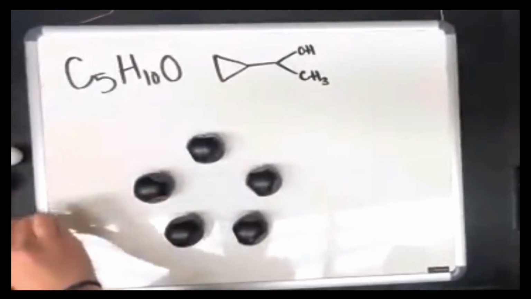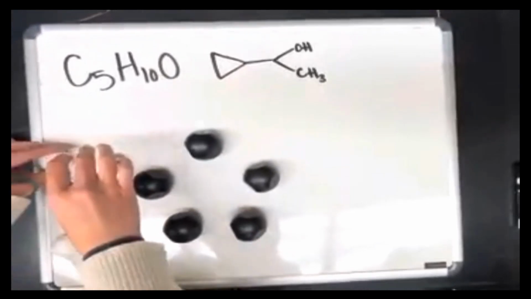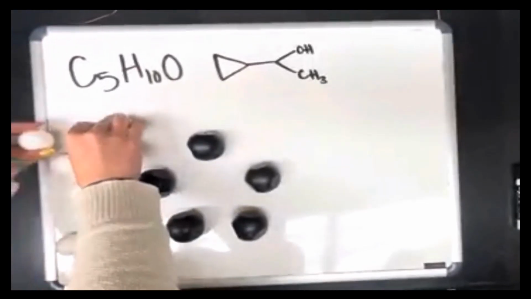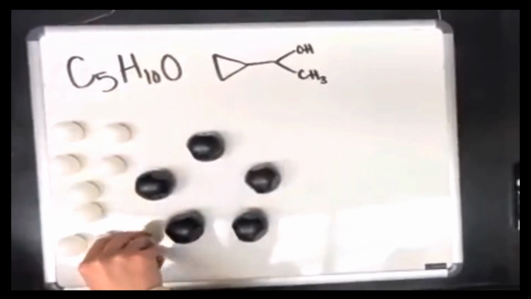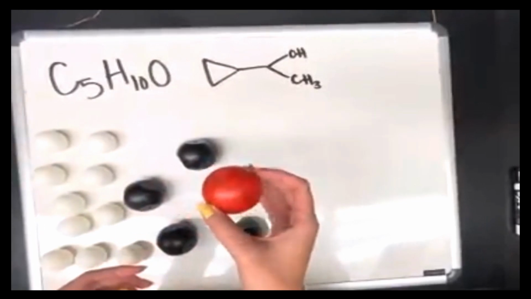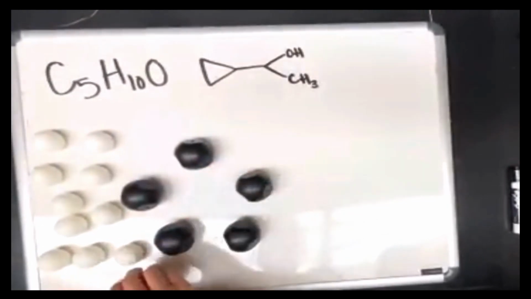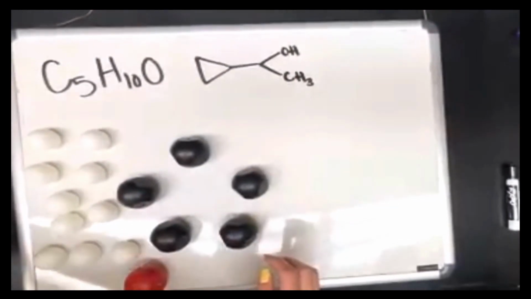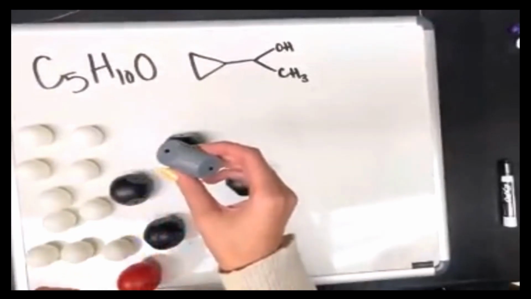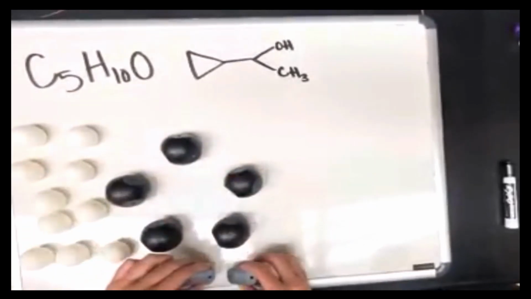We need 1, 2, 3, 4, 5, 6, 7, 8, 9, and then 10. So this is oxygen, which can make 2 bonds. And then lastly, we have these little gray pieces here, which will be used to make the single bonds in the ring.